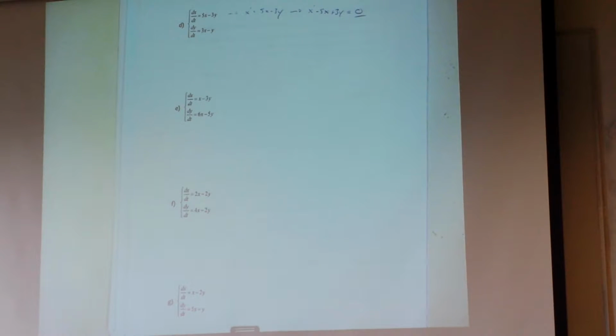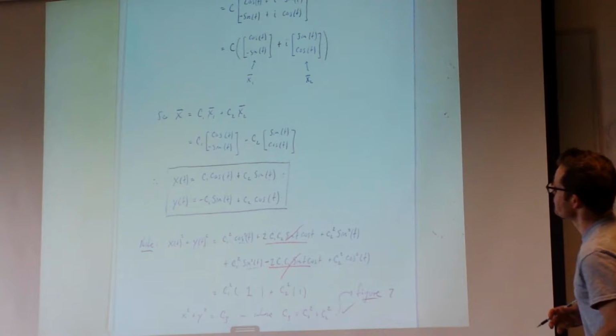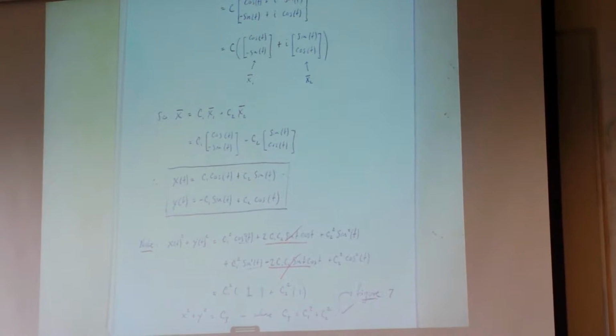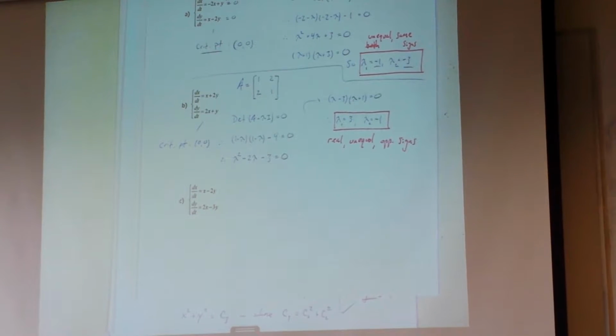For C, with the eigenvalues being both the same and negative, what would that correlate to? Well, we had that in the first example. Oh, right, they're not the same.